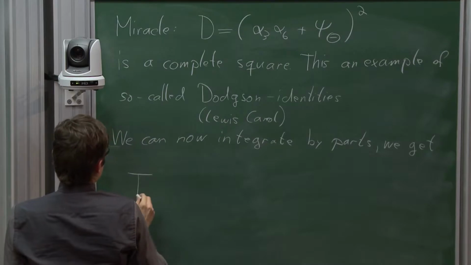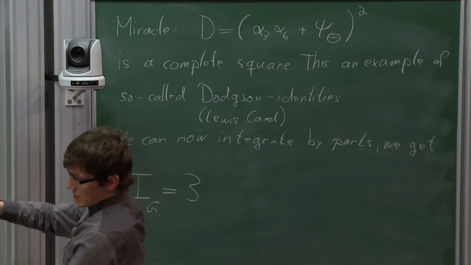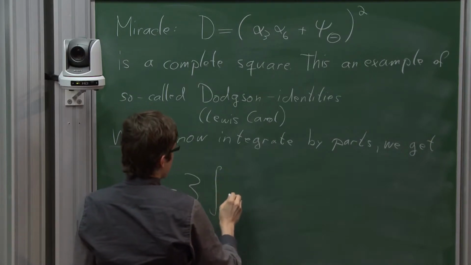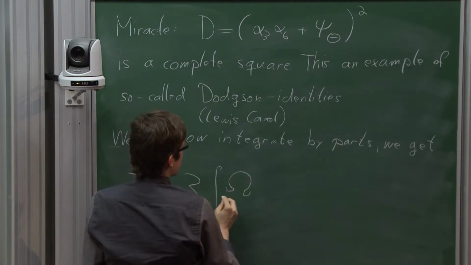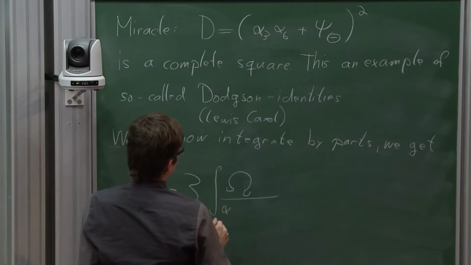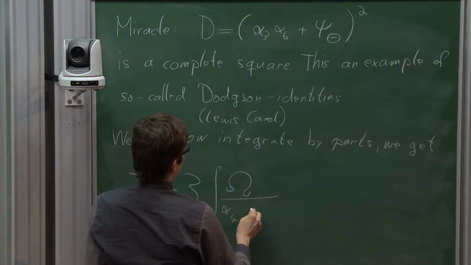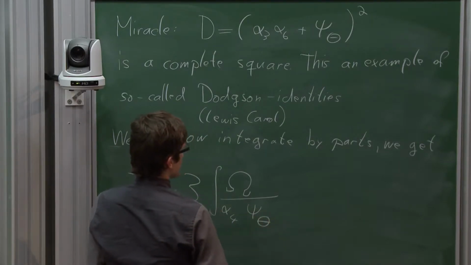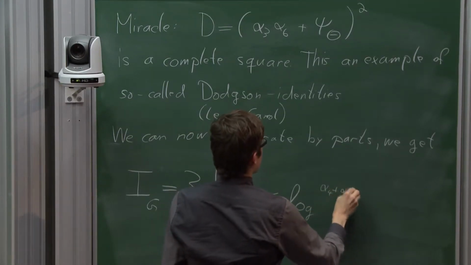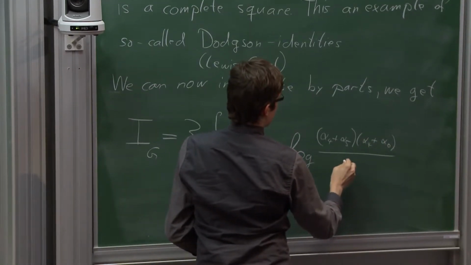And the result of this: the period or the residue of this graph, you get because of this integration by parts actually several terms, but you can rewrite them with a symmetry, and you actually see that you can write 3 times the same integral, which in terms of alpha 3, alpha 4, and the sunrise polynomial and a logarithm, alpha 4 plus alpha 5, alpha 4 plus alpha 6 over this sunrise polynomial.